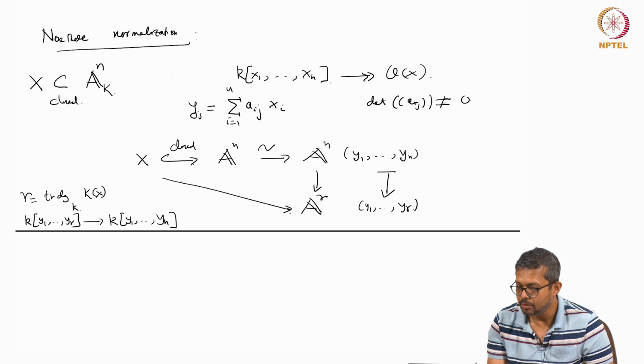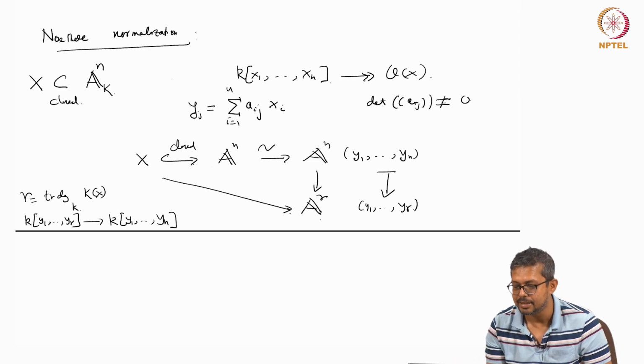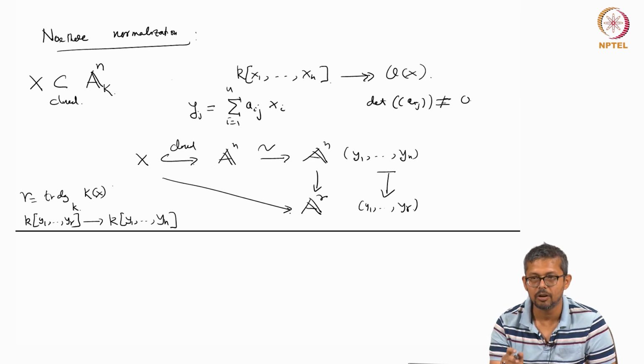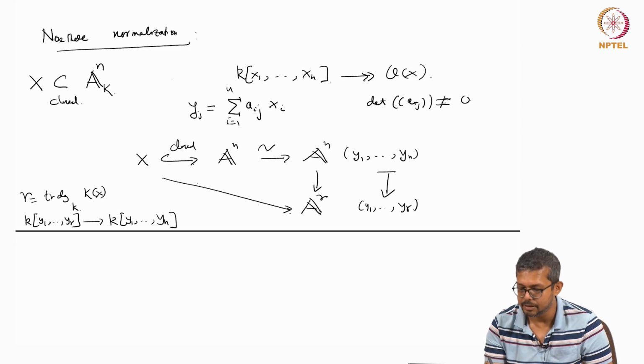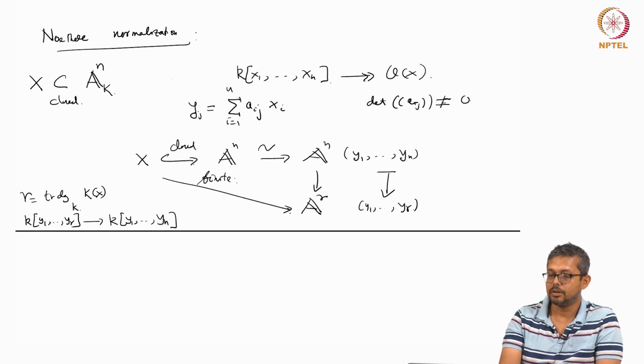So now we saw that this O_X is a finitely generated k[y1, y2, ..., yr] module. Right? That is what Noether normalization says. This is a finite map. You remember, this is Noether normalization.